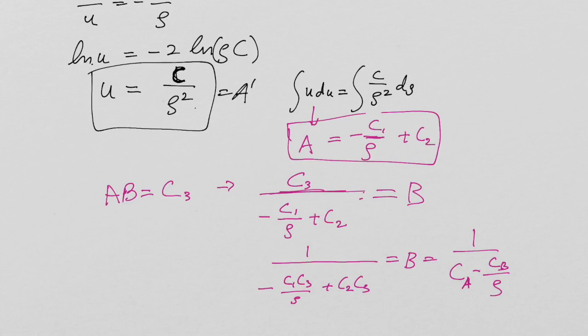Because this product isn't introducing a new constant really, as they can be combined with these other arbitrary constants to give you this object that has two arbitrary constants. But that's what B is. And it does have the right properties, certainly not dependent on time. And obviously B times A is going to be a constant.